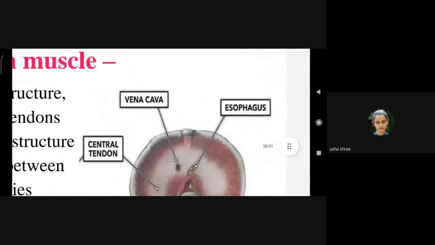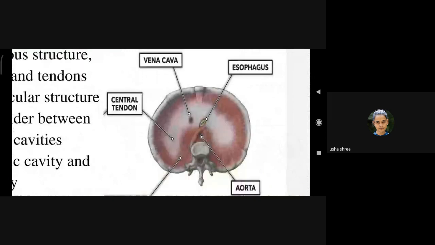So you can see here, the diaphragm is dividing, or separating, the thoracic cavity and our abdominal cavity, but our esophagus or food pipe enters from this thoracic cavity to this abdominal cavity too.